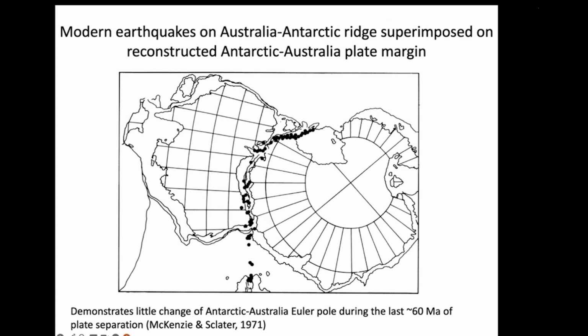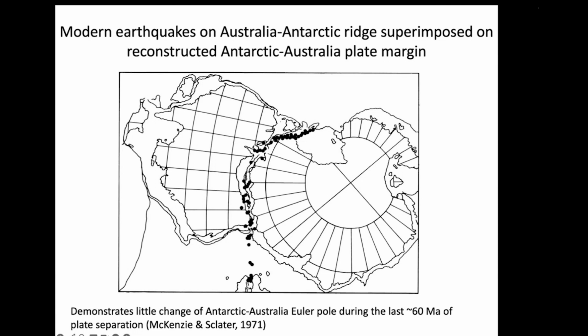Now, one of the things you can do is put modern earthquakes on an Australia-Antarctic ridge and superimpose this on a reconstructed Australia-Antarctic plate margin. So here we've got Australia and Antarctica put back together as they were before they broke up. And then we're just showing where the present earthquakes are, which, as you know, mark where the plate boundary is.